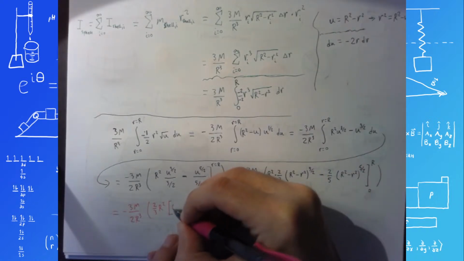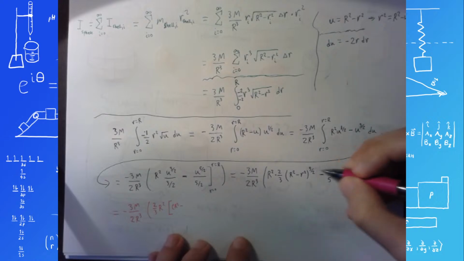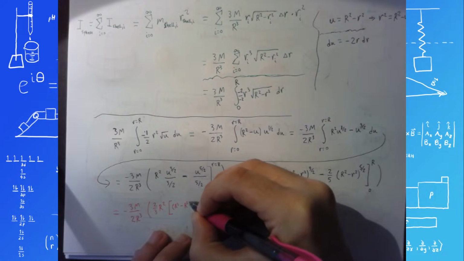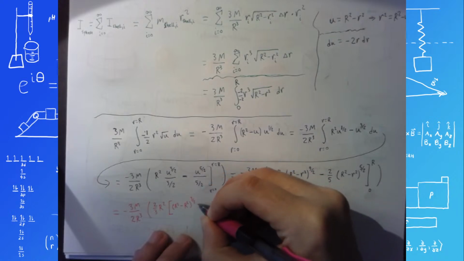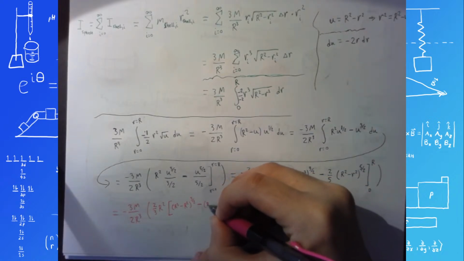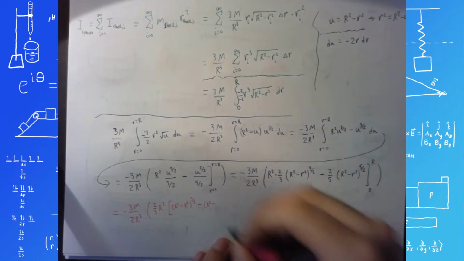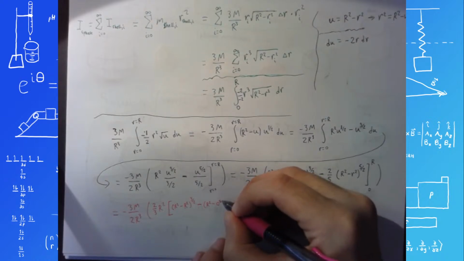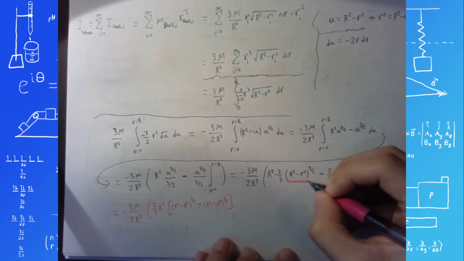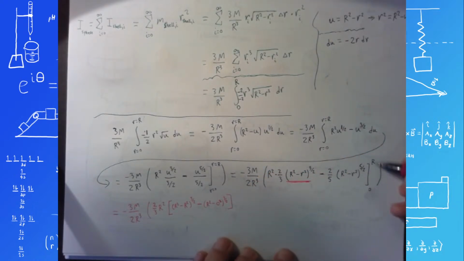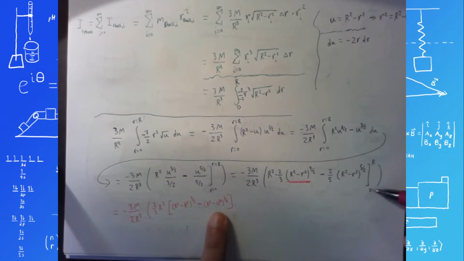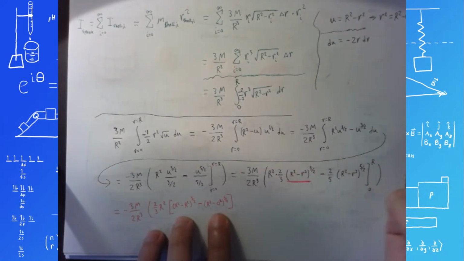It's going to be big R squared minus big R squared to the 3/2 minus big R squared minus 0 squared to the 3/2. That's just this evaluated from 0 to big R. Plugged in big R first, minus plug in 0 for the little r. So that's what that's about.